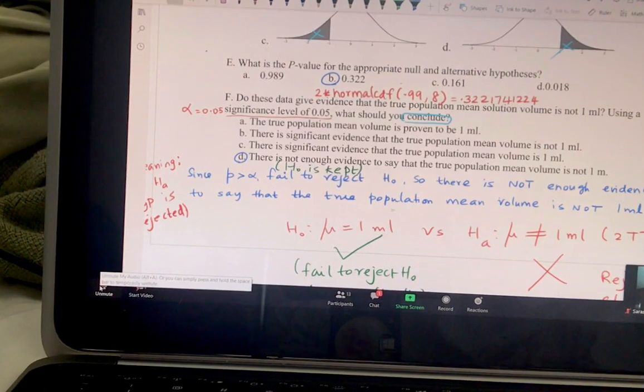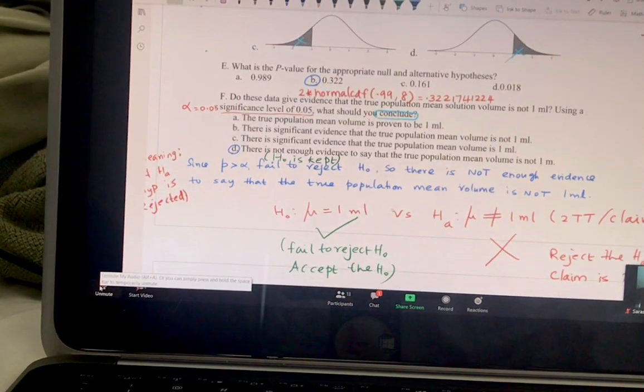So I am going to conclude that there is not enough evidence to say that the true population mean volume is not 1 ml. That is the appropriate one because I'm going to keep my null hypothesis.